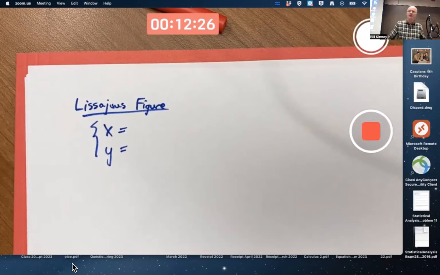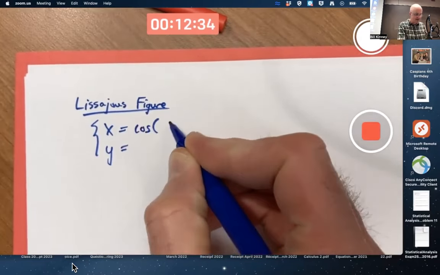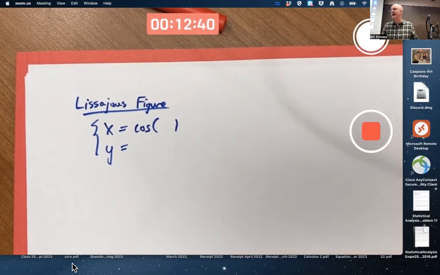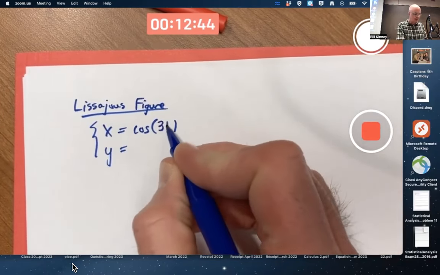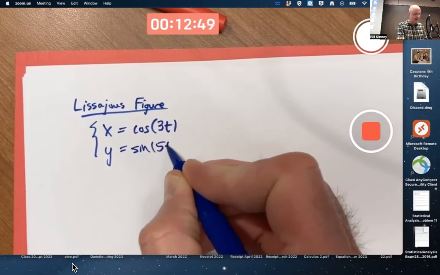However, you make the frequency of the waves for x and y different. And it works out nicest if you pick the coefficients of t to be prime numbers that are small and different from each other. Like cosine of 3t, say, for x, and sine of 5t, say, for y.